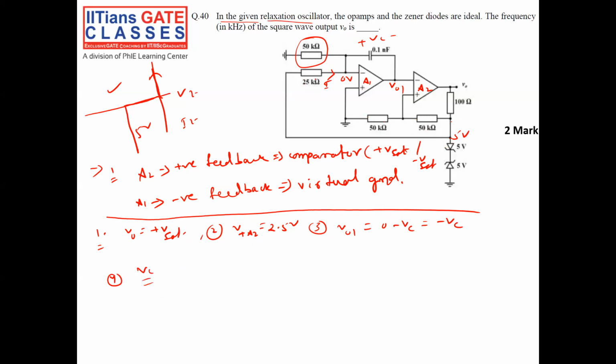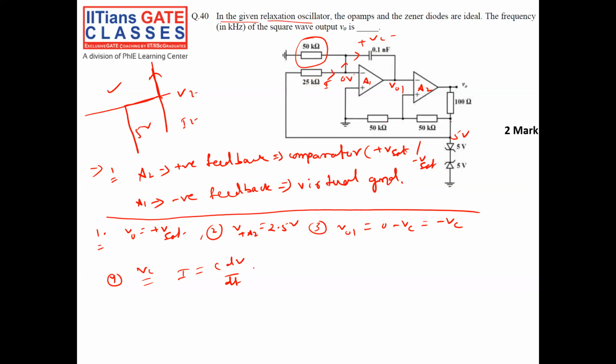Whatever current is flowing, the current will completely flow through this because this is a high impedance node, so all the current will flow through this. So what is VC? We know the current I flowing through the capacitor is nothing but C dV by dt.